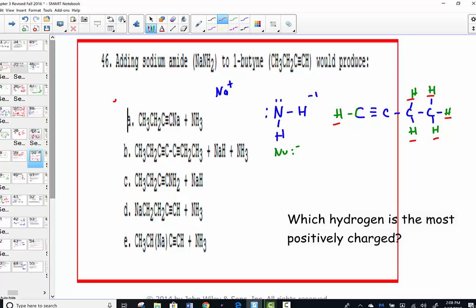What you really want to know is, which hydrogen is the most positively charged? So we understand that electron density increases with multiple bonds.